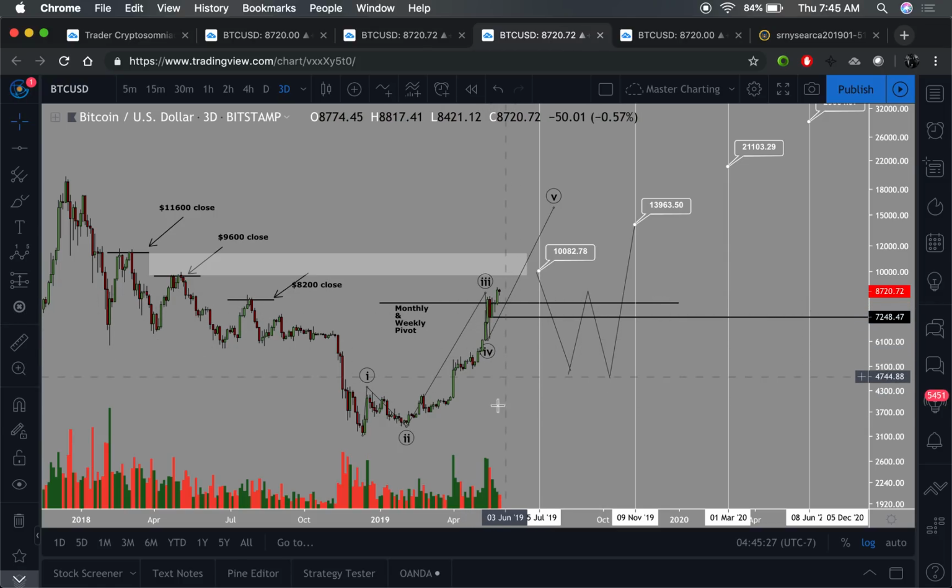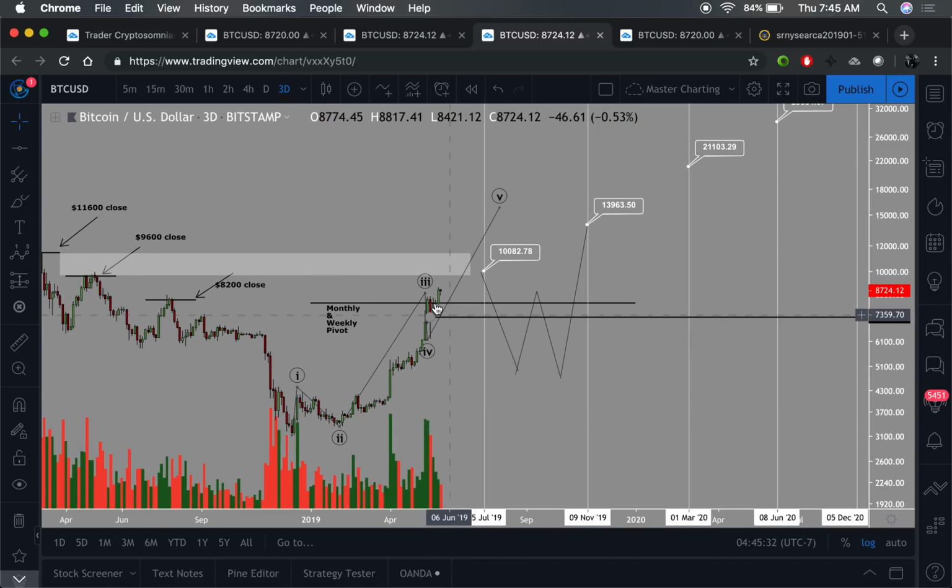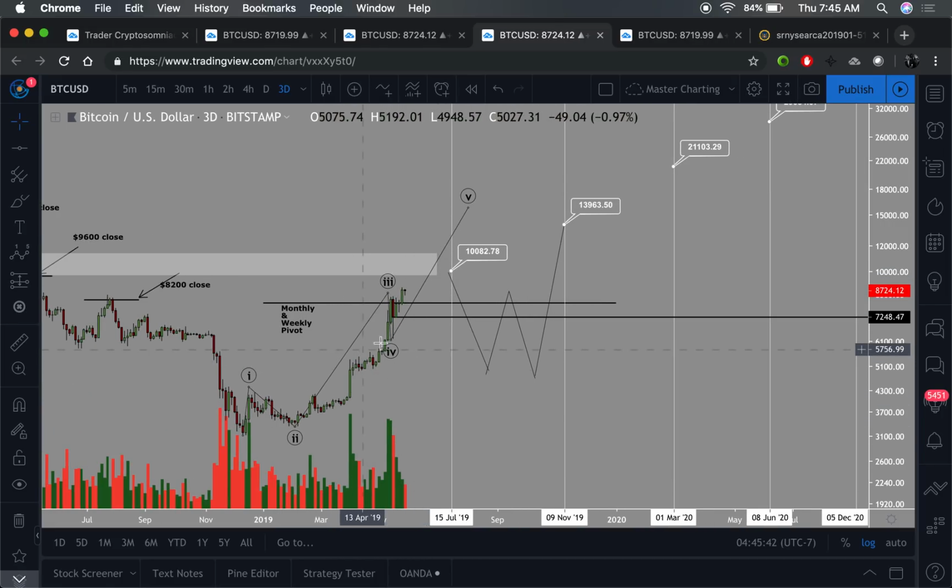Fourth wave volume, sell side volume, is typically very small. Usually the move between the third and the fourth wave goes down no more than 30 to 50% of this entire move of the third wave. You can see the fourth wave didn't even really go down that much. It went down maybe 15 to 20%. And now we're in the midst of the fifth wave, more than likely. Okay.